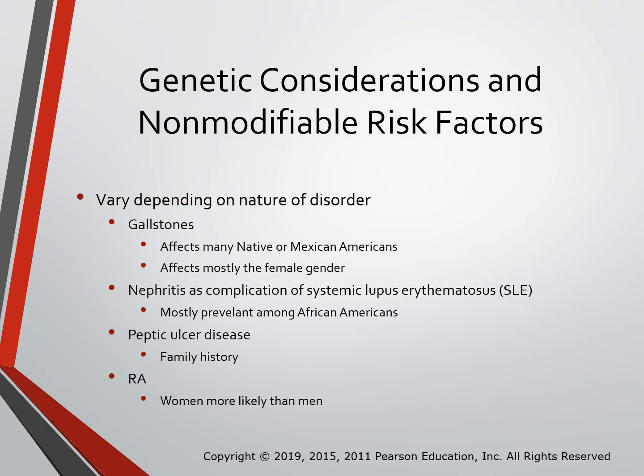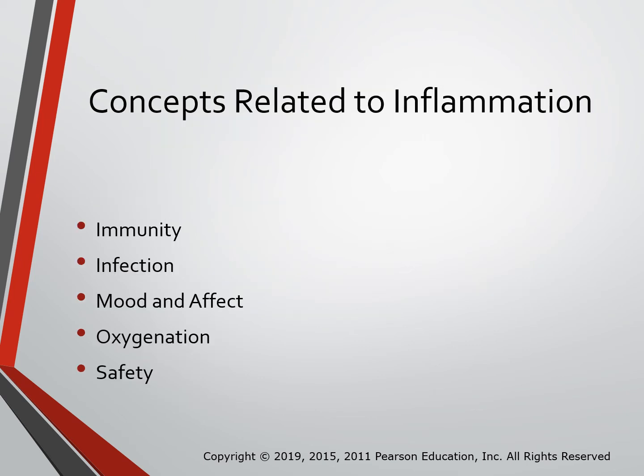Family history is also associated with peptic ulcer disease, although diet and other modifiable risk factors typically are involved. Rheumatoid arthritis occurs among individuals of all races and ethnic groups, and so there's no distinguishing identifier for rheumatoid. It can affect anybody.